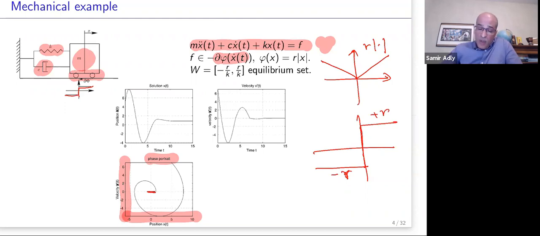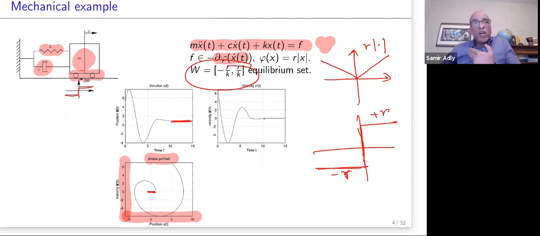And this set is due to the set-valued part of the friction, okay? If you start the trajectory somewhere, you will be attracted to this set. And you see that the trajectory will converge in finite time. It means that there is some time t such that the trajectory converges to some point in this equilibrium set. You see here the velocity will vanish also at some time.